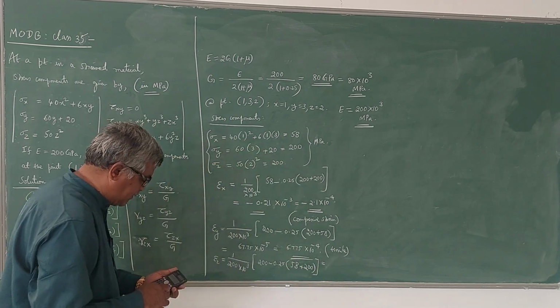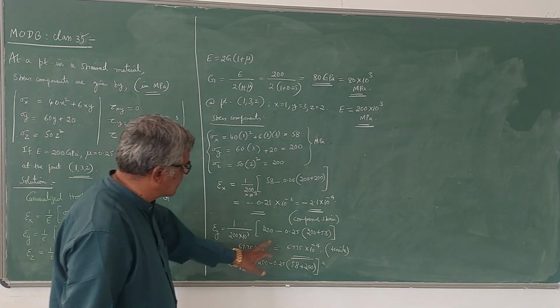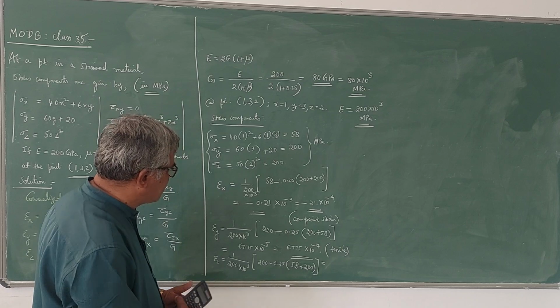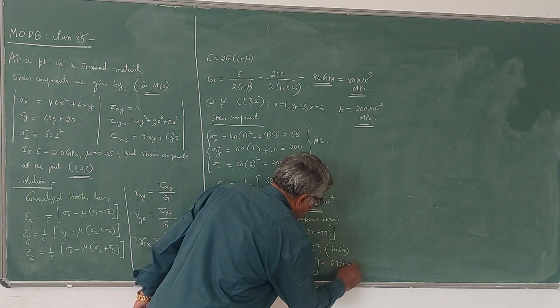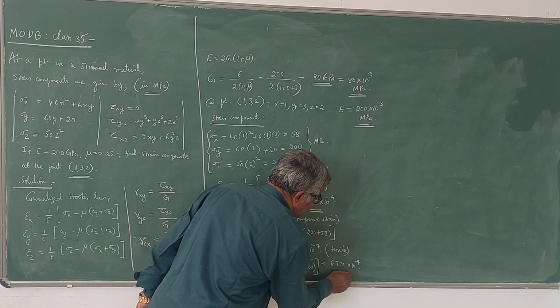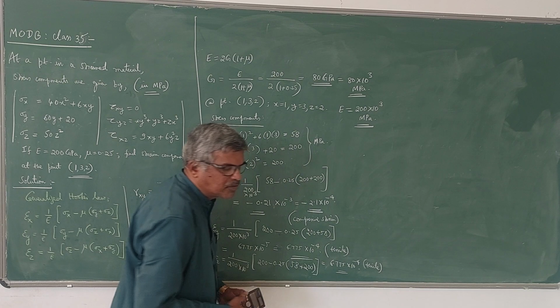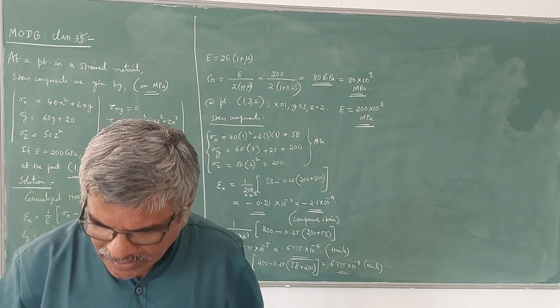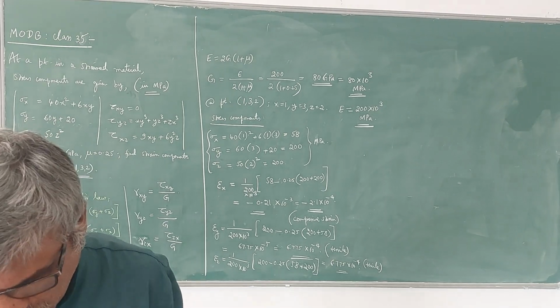I think you will be getting the same answer as this only, which is 6.775 into 10 power minus 4. This is also tensile in nature. So a positive value of epsilon is tensile strain, a negative value of epsilon is compressive strain. That's all. Both are normal strains only.